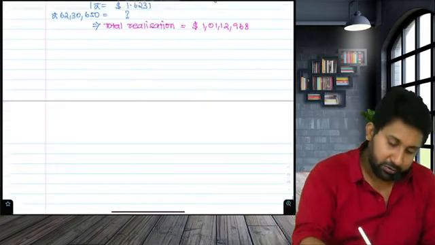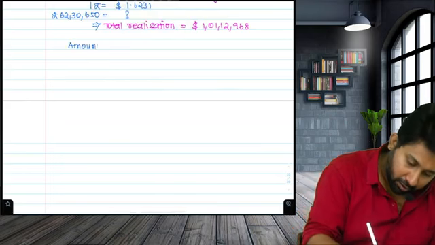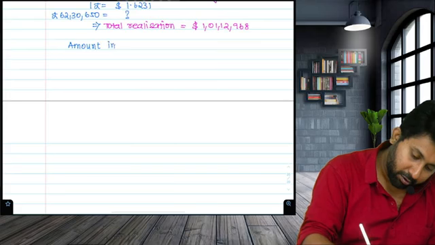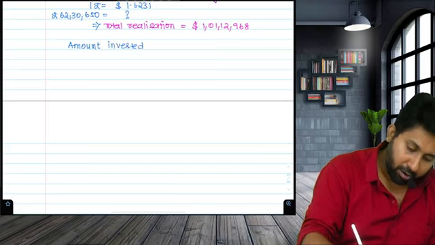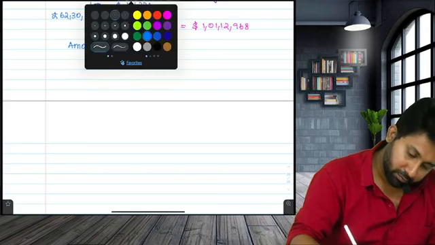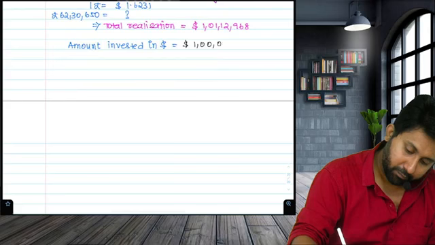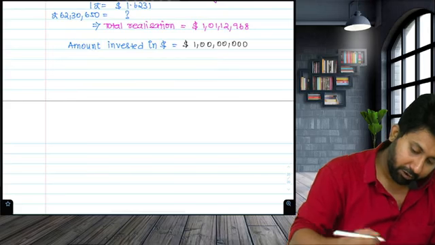Now, try to understand clearly. Amount invested in dollars: how many dollars you invested? 1 crore.